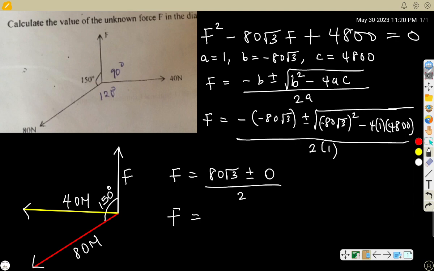So F will remain 80 root 3 divided by 2, plus or minus 0. So plus or minus 0 is 0. So F is equal to 40 root 3.